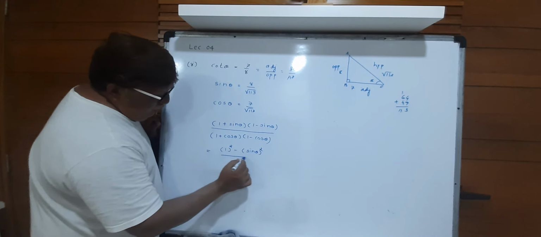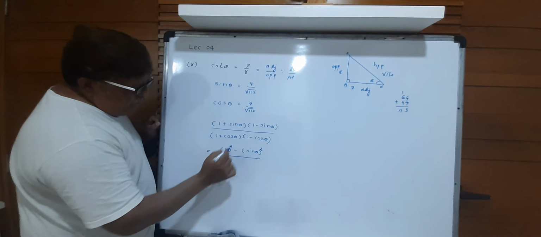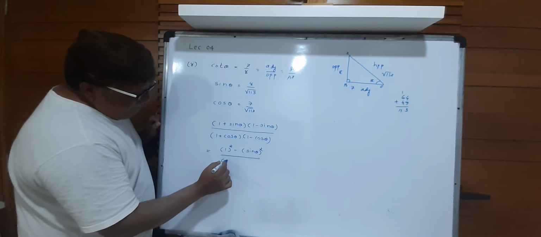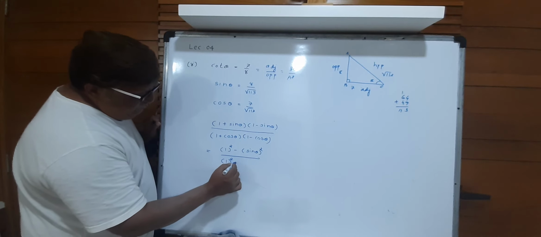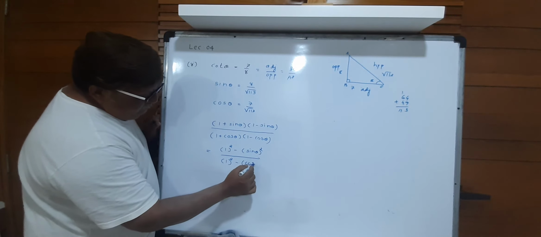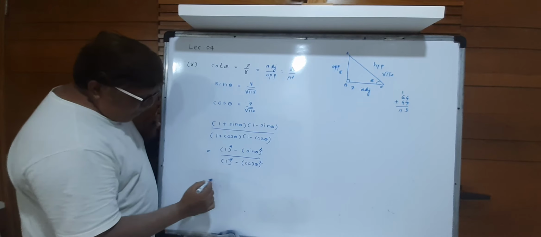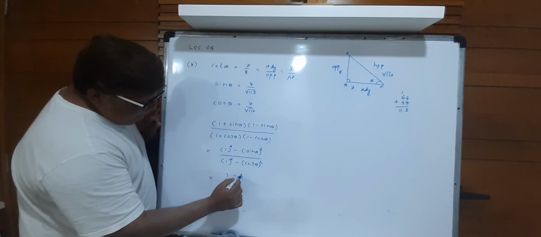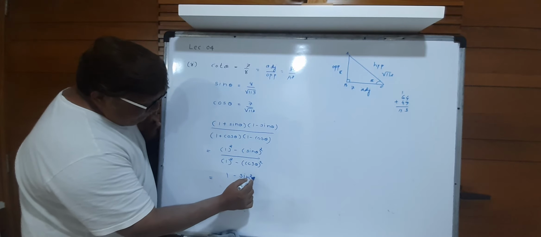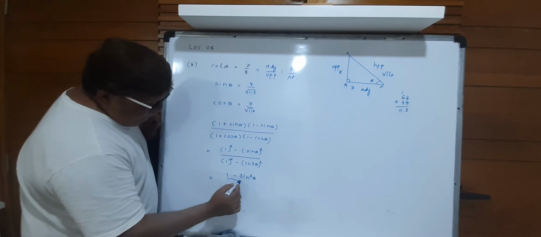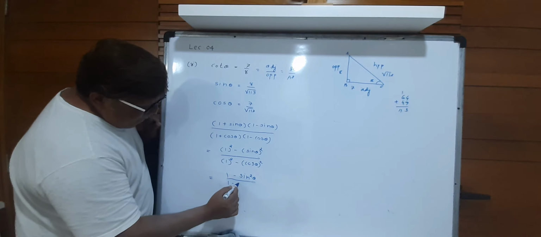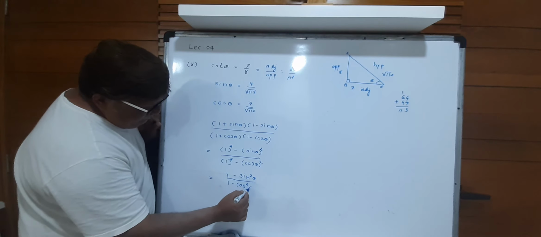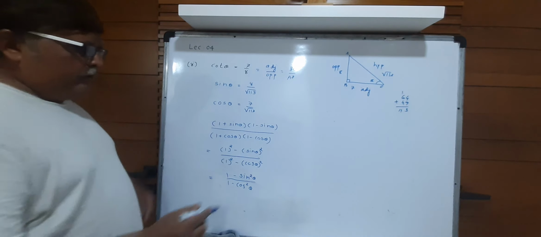Similarly, 1 plus cos theta into 1 minus cos theta, can I write this way? 1 square minus cos theta whole square. This is going to be 1 minus sin square theta, and this is going to be 1 minus cos square theta. Now let me substitute the value.